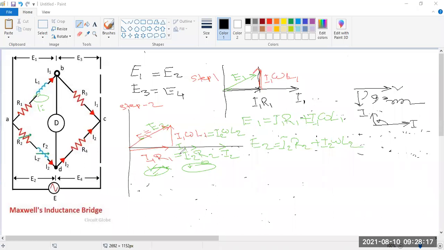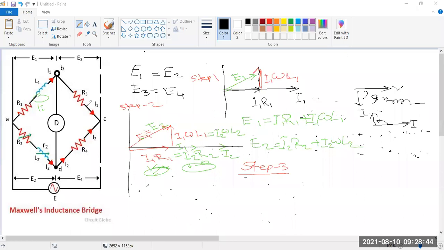Okay. Now for step 3. What happens in step 3? Look, in this case only one current is flowing.